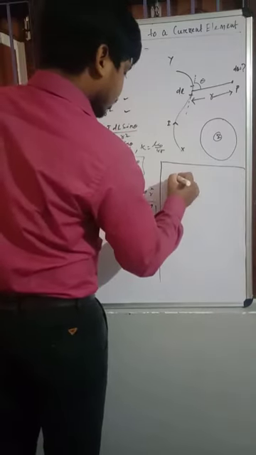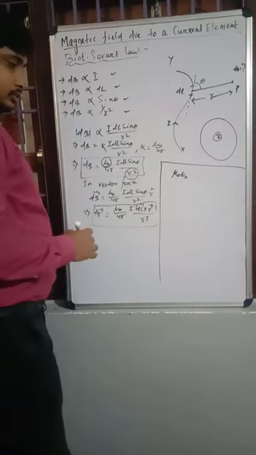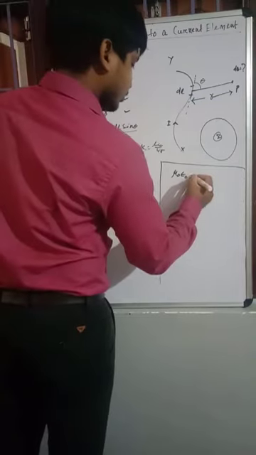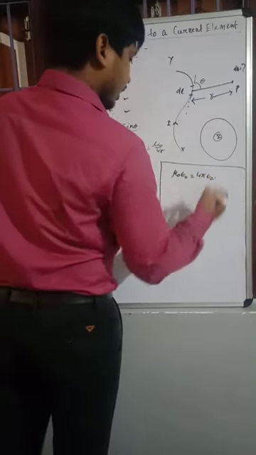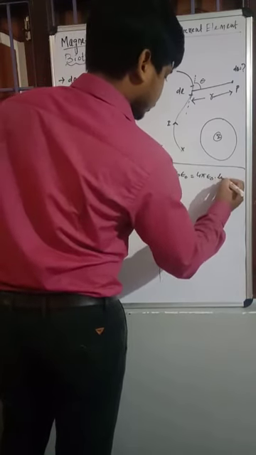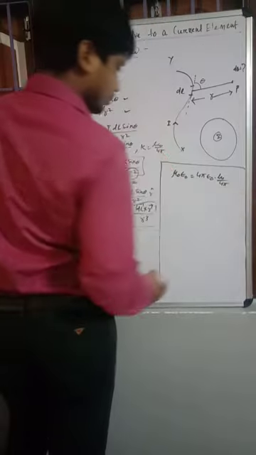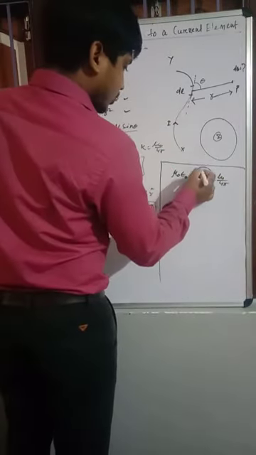You can see, if I write mu naught into epsilon naught, in the next step I'll just multiply by 4 pi and I will divide by 4 pi.